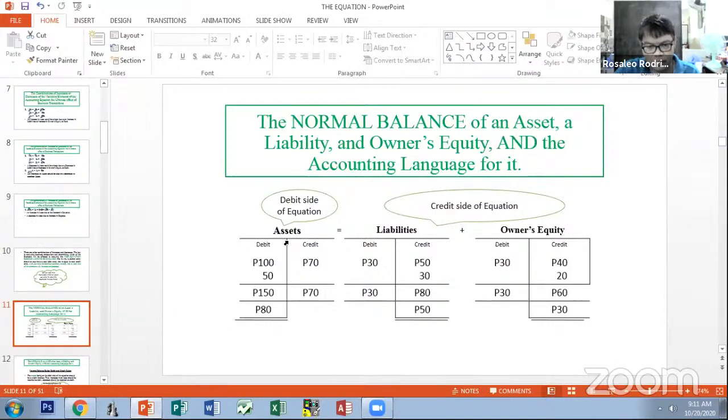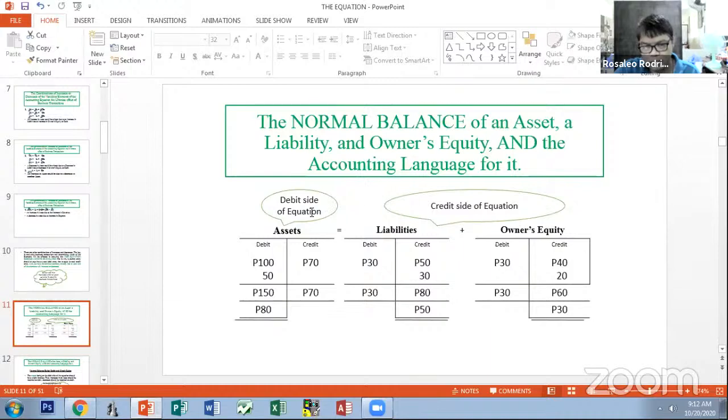So as you can see, there is no third side here. There are only two sides, a debit side and a credit side. In the equation, there are also two sides. We can call this, in layman's terms, the left side of the equation and the right side of the equation. In accounting, we use the language debit side and credit side.